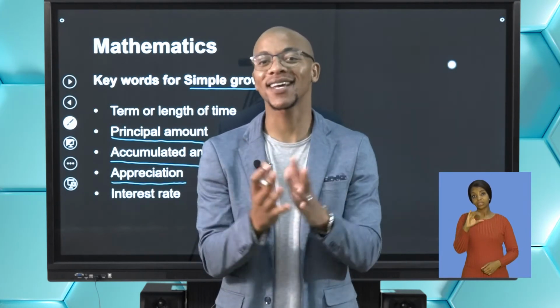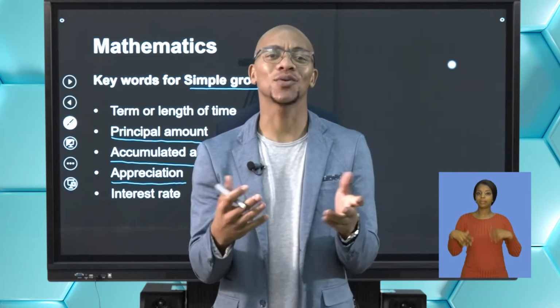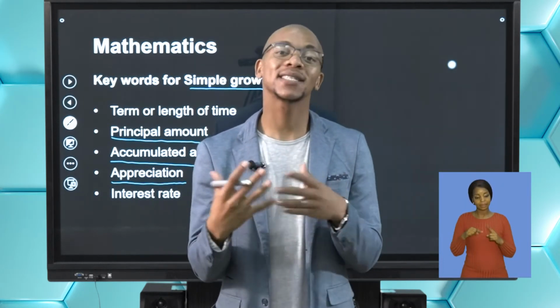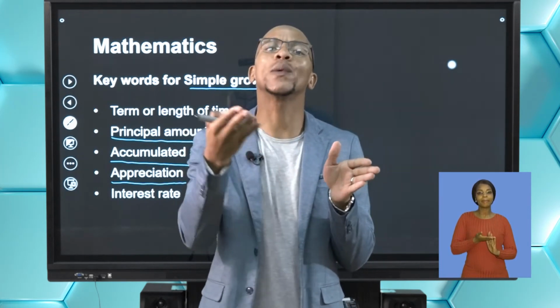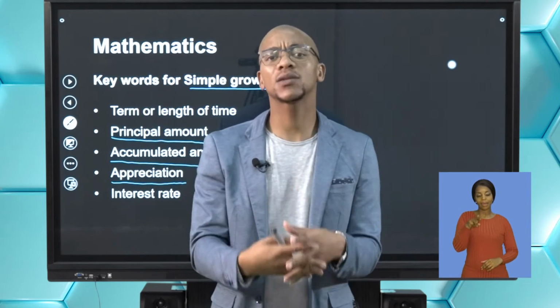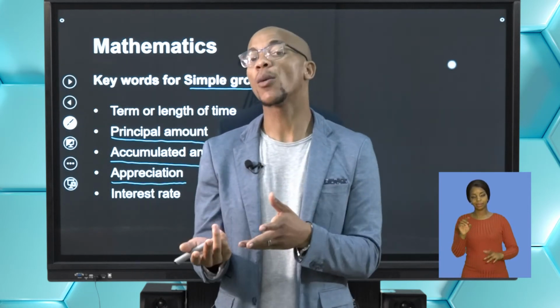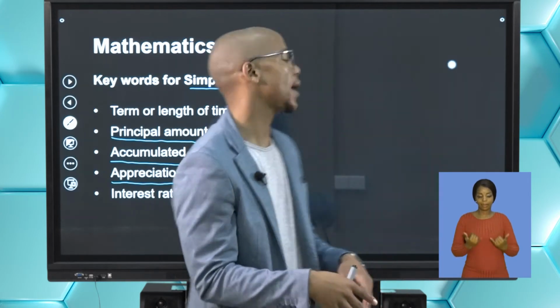I know appreciation, you're thinking it's us clapping hands and giving someone Thanksgiving or something because they did something good. But in this concept, that's not what we mean. Appreciation in this concept would mean growth, right? So something going up. So appreciation would be an increase in the investment or savings account that you have. And then the opposite will be depreciation, which is something that we're also just going to talk about now.